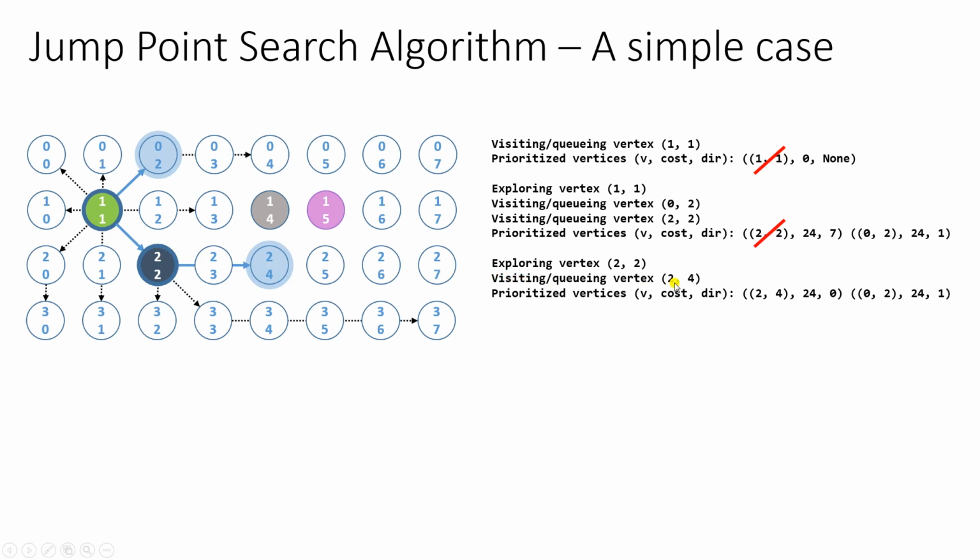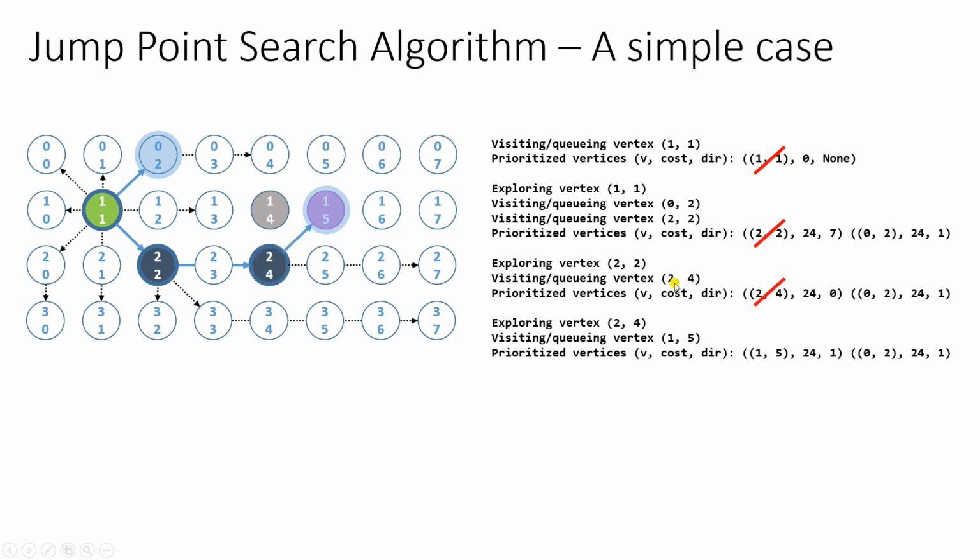Now let's explore the vertex 2, 4 and see where it leads us. By exploring vertex 2, 4, we are doing two things. The first thing is we are continuing to scan all the way to the right. There was nothing interesting.